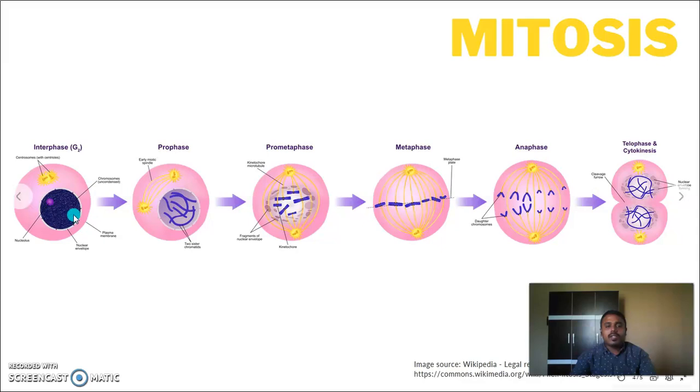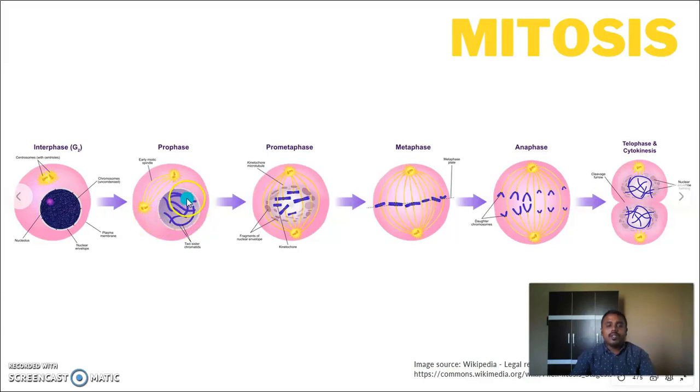So the first thing is that the chromosome gets condensed to acquire a proper shape, so that it is visible to the eye.